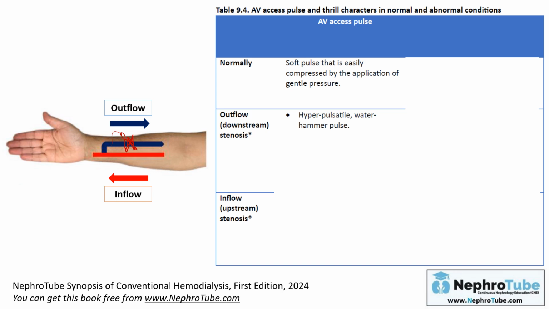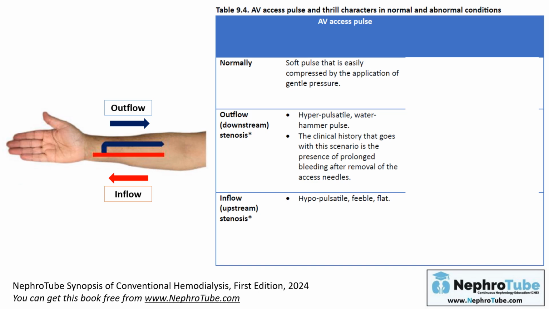And this will go with the clinical history and scenario that there is prolonged bleeding after removal of the access needles, as we mentioned before. If there is prolonged bleeding after needle removal, you have to assess some points. One of them was to check for evidence of outflow stenosis.